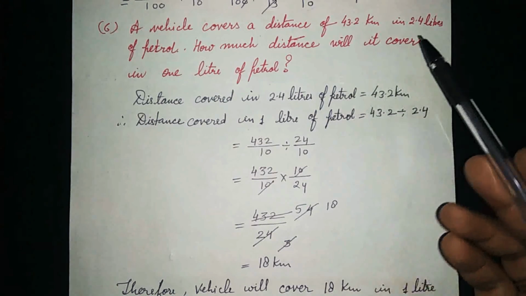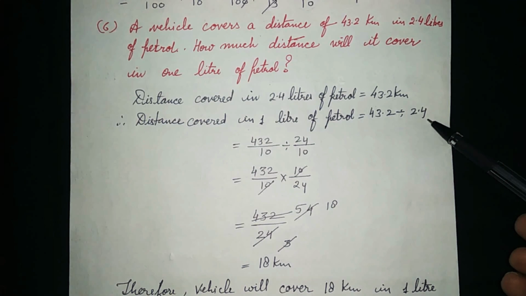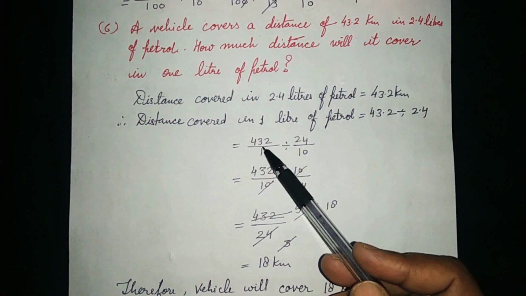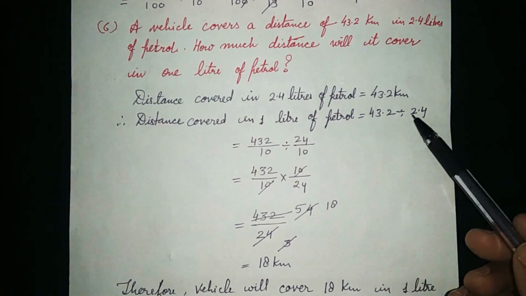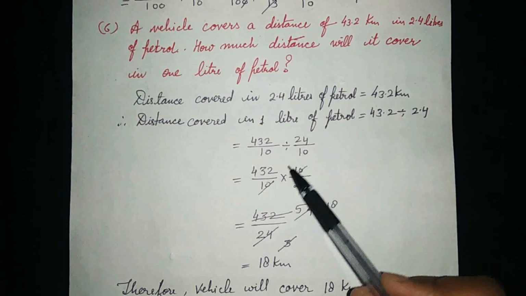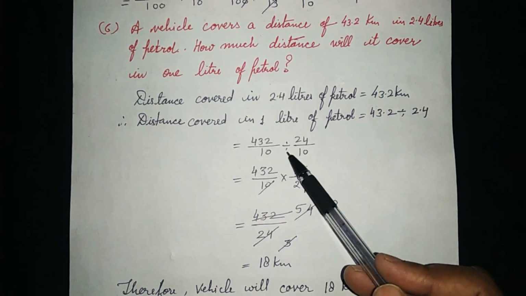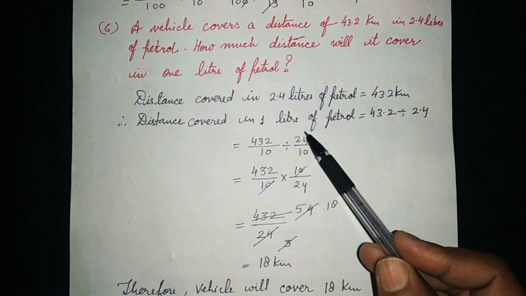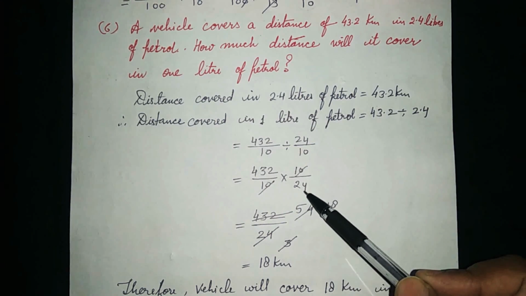Just now we have seen how to divide a decimal number by a decimal number. The same method we will apply here. 43.2 we will write like this in fraction, 432 upon 10, divided by, for 2.4 we will write 24 upon 10. Now in the next step, 432 upon 10, and for this division sign we will put the sign of multiplication, and then we will write the reciprocal of 24 upon 10, which is 10 upon 24.